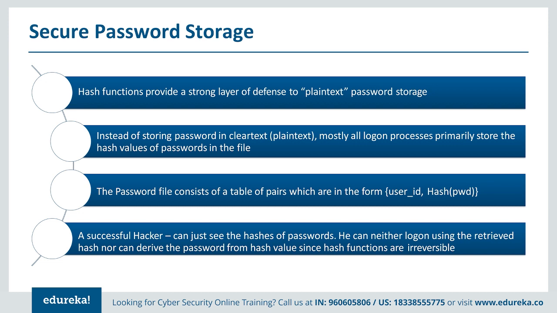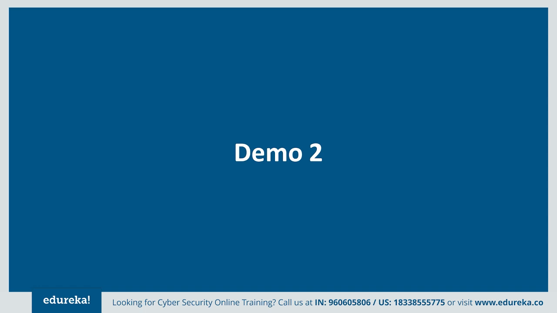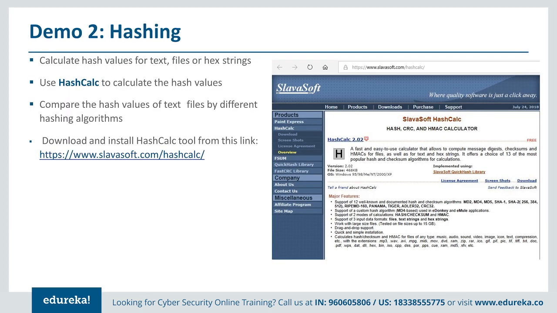As I told you before, you can input a large file of 10 GB or 20 GB, or even 100 MB, and it will have the same length of hash value. With this hash value, we cannot generate the original file or the original password. It is completely irreversible.